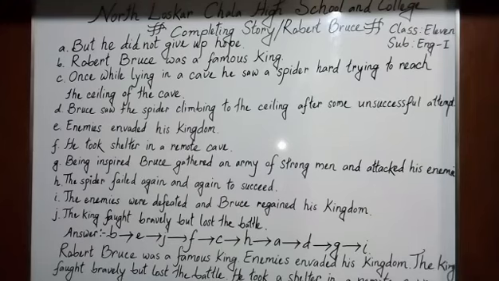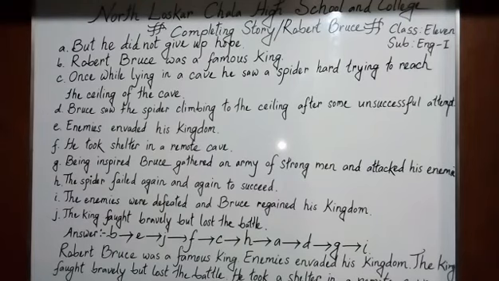They are given 10 sentences, and I have written the 10 sentences; answer according to the sequence. Suppose here A, but he did not give up hope. B, Robert Bruce was a famous king.